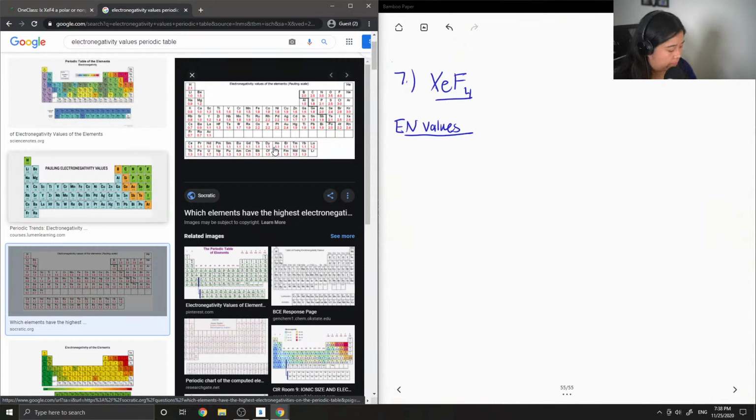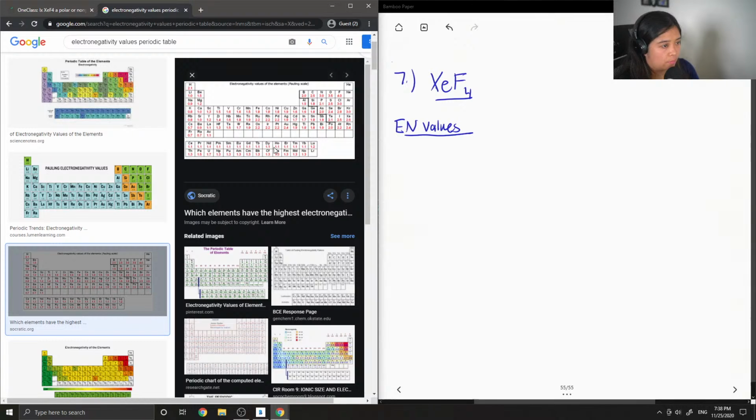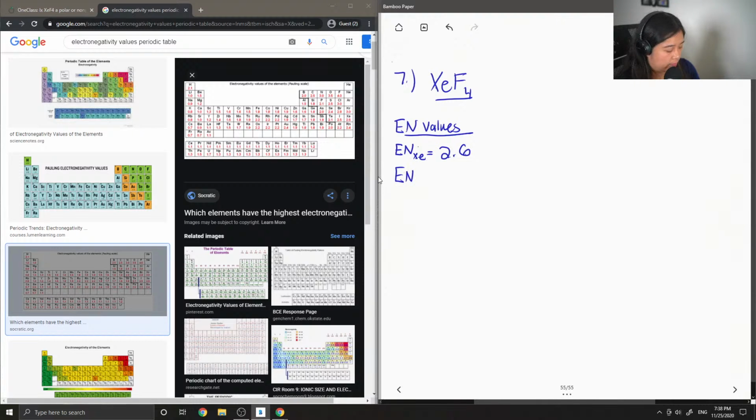Okay, so the electronegativity of first xenon is found right at the end here, and it is 2.6. And the electronegativity value for fluorine is up here, so it is 4.0.